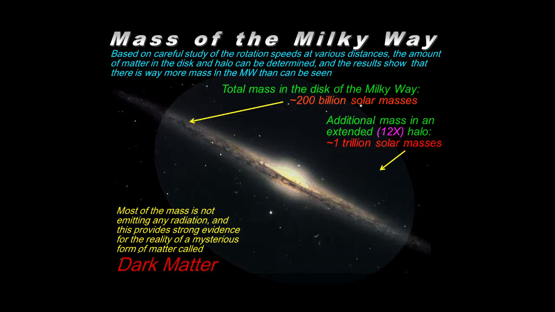Most of the mass isn't emitting any radiation, which provides the best evidence for the reality of some mysterious, exotic, non-electromagnetically emitting mass that's known as dark matter. And when we include this, it produces a geometry, so to speak, of mass that provides agreement with the rotation curves that we just considered.